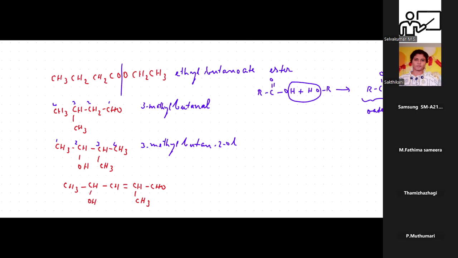Aldehyde group is there. Unsaturation is there. Hydroxy group is there. According to the preferential order, aldehyde has to be given the preference. So you start from the aldehyde. 1, 2, 3, 4, 5.